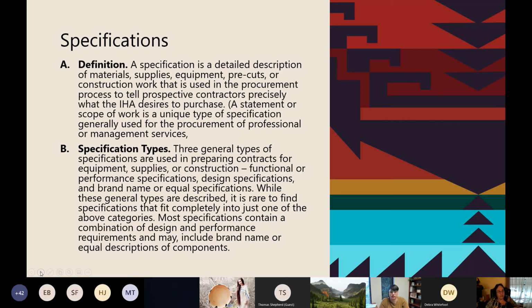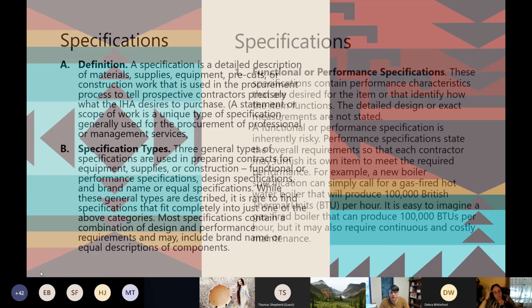It's really rare to find a specification that fits just into one of those categories. Most specs actually contain a combination of design and performance requirements and could include brand name or equal. You always should have that equal in there, brand name or equal, descriptions of your components.